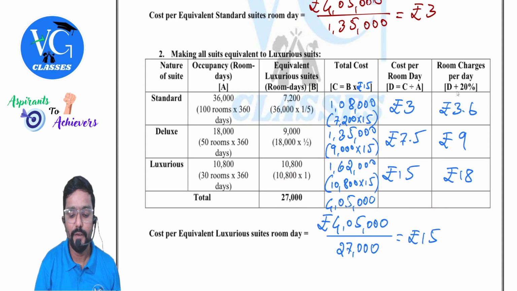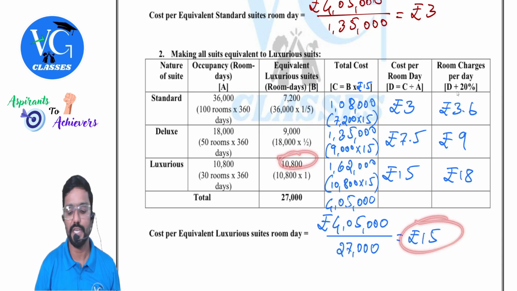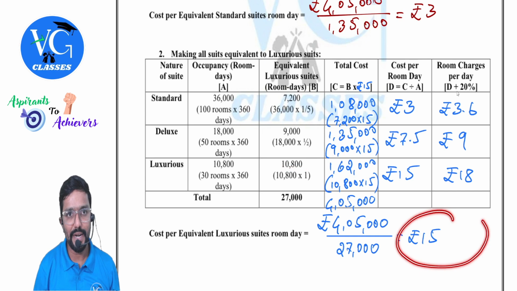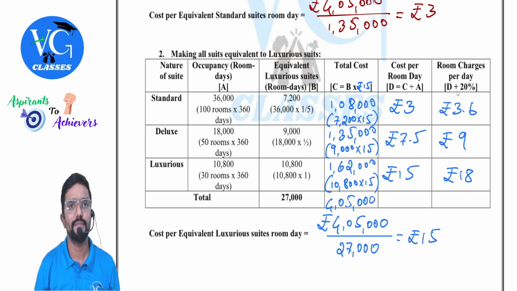Now take it: 15 into 7,200, you will get 1,08,000. 15 into 9,000, you will get 1,35,000. 15 into 10,800, you will get 1,62,000. What did we do? Cost per luxurious room day into equivalent luxurious room days. We get total cost for each category.